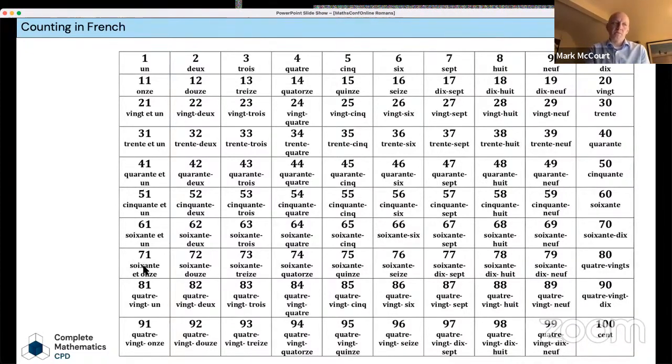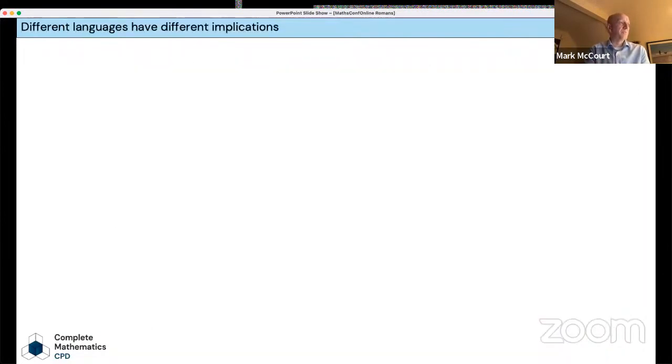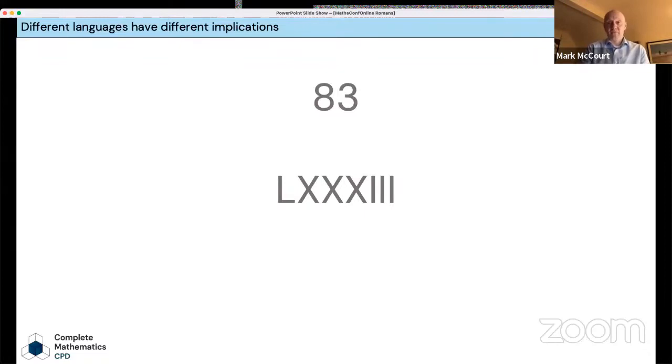And this has an impact on the way in which Roman numerals are written down, depending on how the culture uses number phrases. So 83, for example, we might see as being LXXXIII, so 50, 30, 3, putting it together in this additive form.